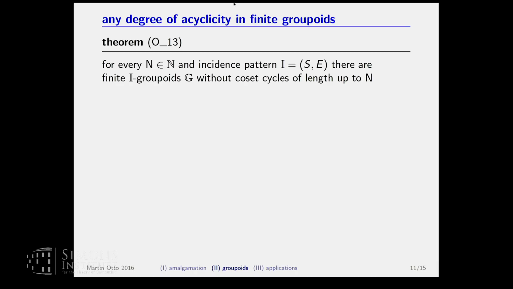So first of all, you can, in a combinatorial and rather non-trivial construction, produce groupoids that are as good as you like in this sense, namely, for any threshold N for the length of coset cycles that you want to avoid, and for any underlying pattern of sorts and links, as in the overlap specification, there are finite groupoids of this type that do avoid all coset cycles of length up to N. Right? In particular, you can get rid of 2-cycles of cosets and thereby overcome any difficulties with respect to global inconsistencies in these gluing processes.